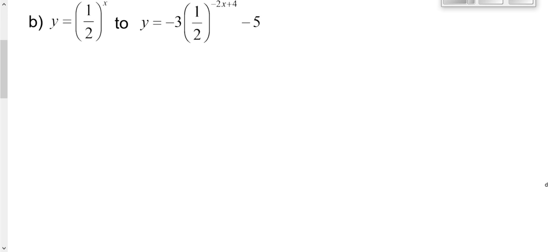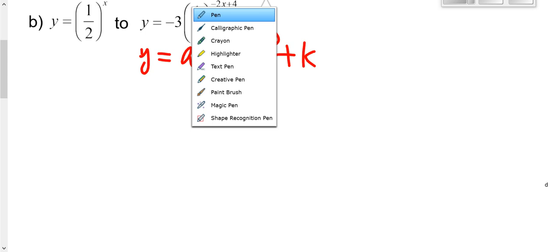Alright guys, let's keep going. Now let's look at question B, and before we start on question B, once again, let's write down the general formula for the transformation of an exponential function, which is y equals a times b raised to the power of b, where this b is the horizontal stretch, x minus h, and then plus k.